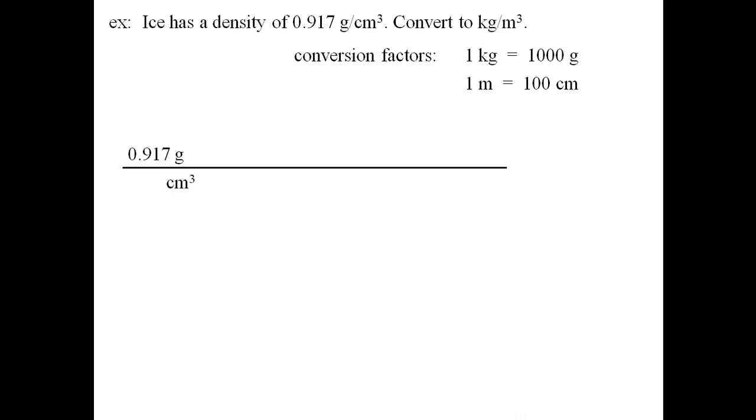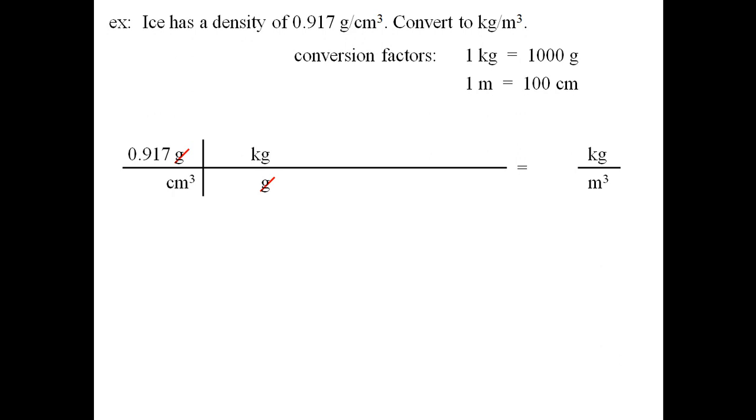Now, we're going to have 0.917 grams per cubic centimeter, remembering the whole time that our goal is kilograms over cubic meters. The first thing I'm going to convert is the grams to kilograms. So I'm going to put grams in the denominator and kilograms in the numerator. That way I know that the grams cancel themselves out and I'm left with kilograms. That's what I want.